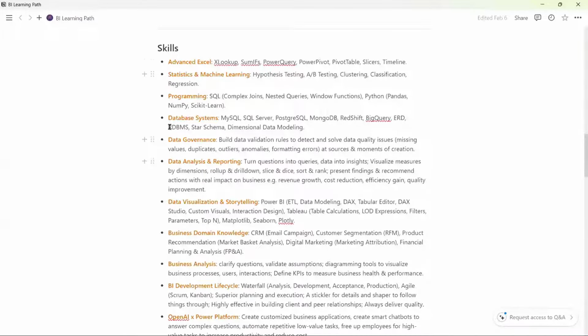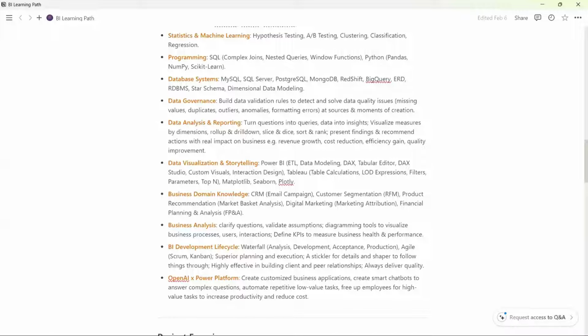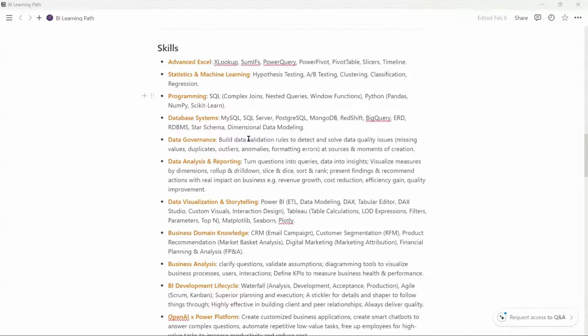This is more than you need. 1, 2, 3, 4, 5, 6, 7, 8, 9, 10, 11. Yeah, 11. So you can do a screenshot if you want. Okay, so I'm going to go through this a little bit just to show you the skill set that employers expect you to have.